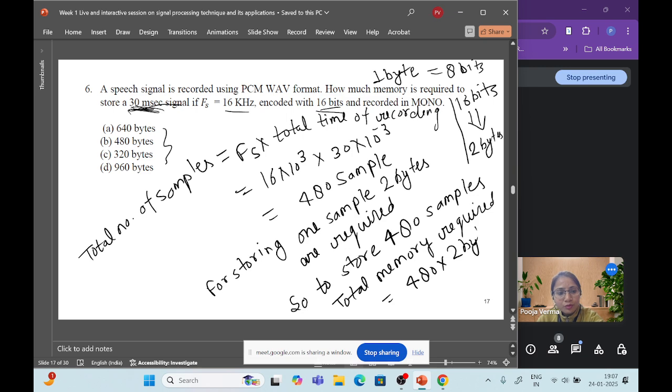What we will get if you multiply is 960 bytes. So the total memory required to store 480 samples at 2 bytes each is 960 bytes. Okay, so option D is the correct answer for this question.